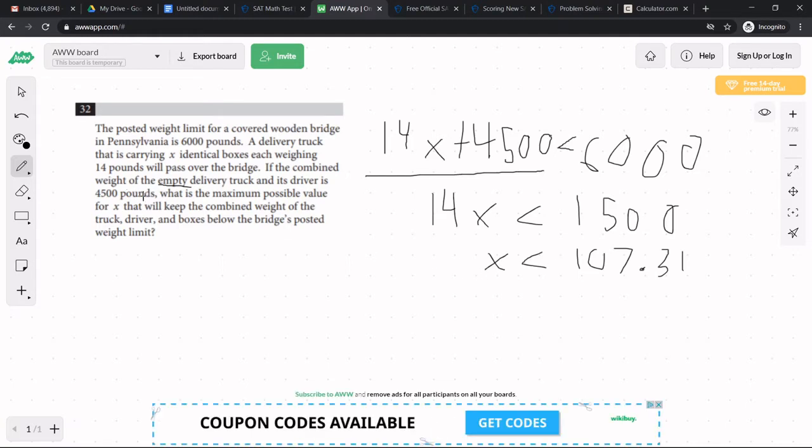So because you want the most amount of whole boxes that's still less than this, your answer will just be 107. Can't have part of a box, so this is your answer.